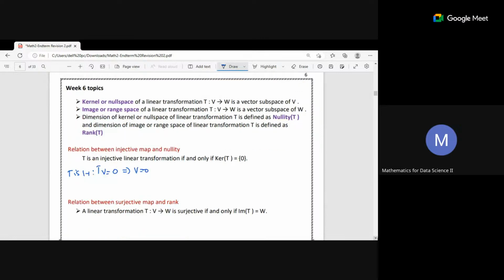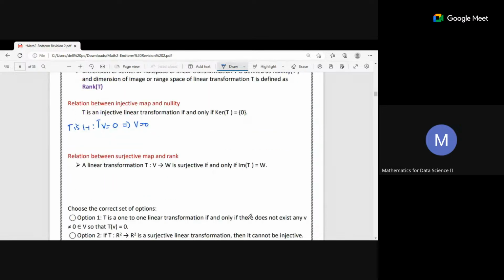In the same way, what is the relation between surjective map and rank? The definition of surjective map, if you remember: T is onto means for every w in W, there exists v in V such that Tv equal to w, right? It means your range of T is the whole of W. If range of T is the whole of W, then what is rank of T?